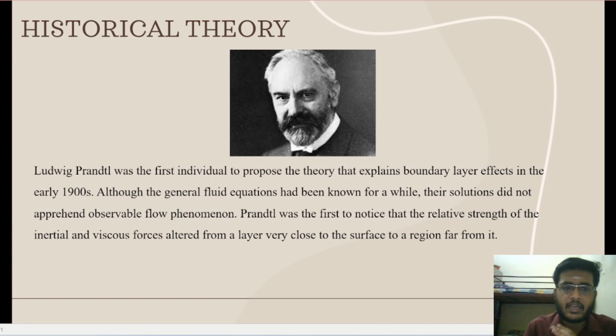Although the general equations had been known before, their solutions did not capture observable flow phenomena. Prandtl was the first to notice this, and he put forward the idea that the relative strength of the inertial and viscous forces alters from a layer very close to the surface to a region far from it. Via this concept, he proposed the boundary layer concept and gave this idea to the world.